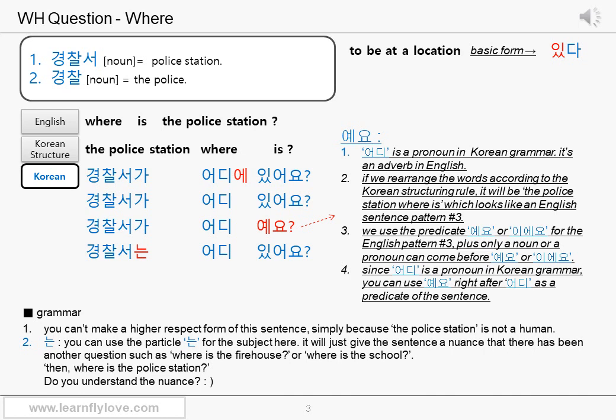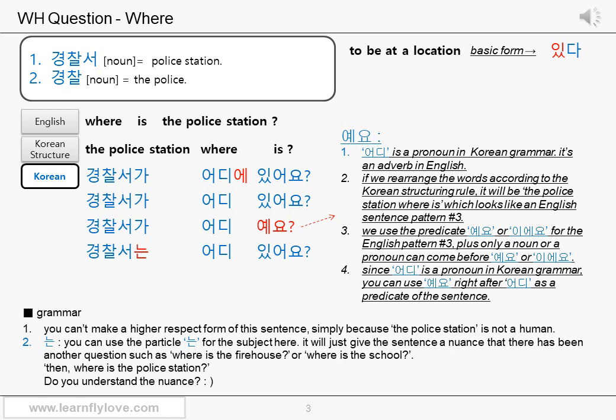So you can use 어디예요 for sentences like "where is the firehouse," "where is Korea," or "where are you?" But you cannot use 어디예요 for sentences like "where is the car" or "where is the book." Okay? Very good. If you use the predicate 있어요 when you ask about the location of something, you would not fail. So let's just use 어디 있어요. 어디 있어요? Okay? Very good.